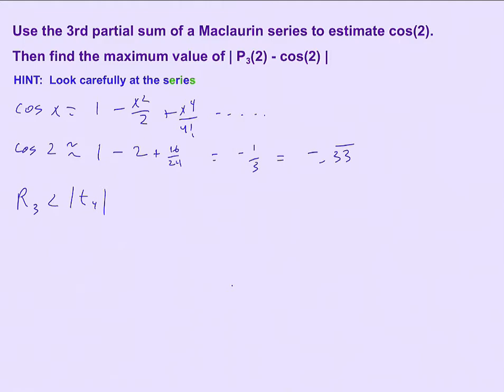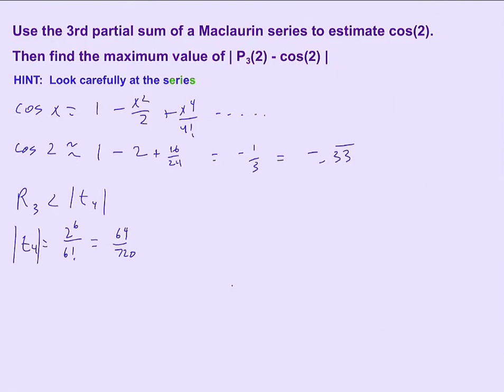The absolute value of the 4th term would be 2 to the 6th over 6 factorial, or 64 over 720. Now it happens to be negative, but we only care about the absolute value of it anyway.